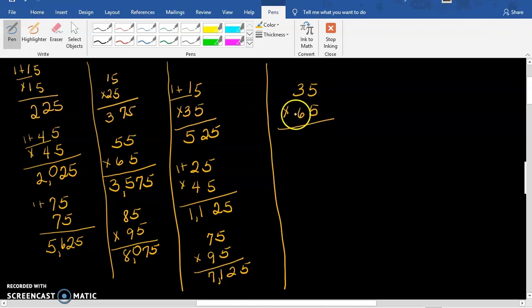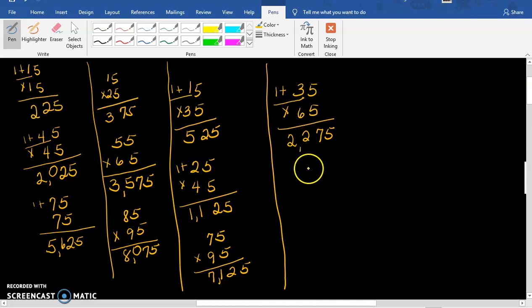This time, your last two digits would be 75. Still add 1 to the smaller tens digit. Multiply by the other tens digit. So 1 plus 3 is 4. Times 6 is 24. Minus 2 is 22. That's the pattern. Add 1, multiply, minus 2.